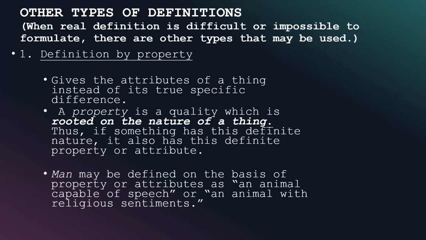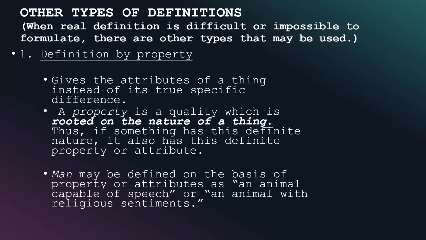So, if may mga words na hindi masyado or mahirap talagang i-define, so again, pwede tayong kumuha or pwede nating i-state yung kanyang property. So, a property again, a quality which is rooted on the nature of that thing we're trying to define.